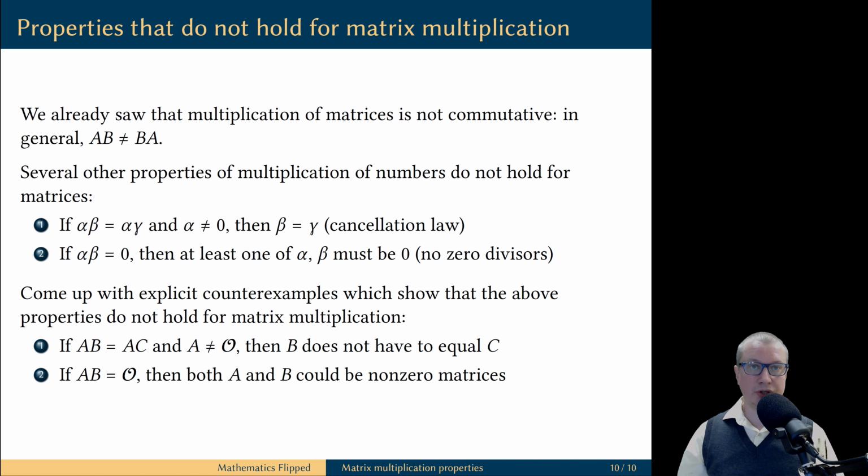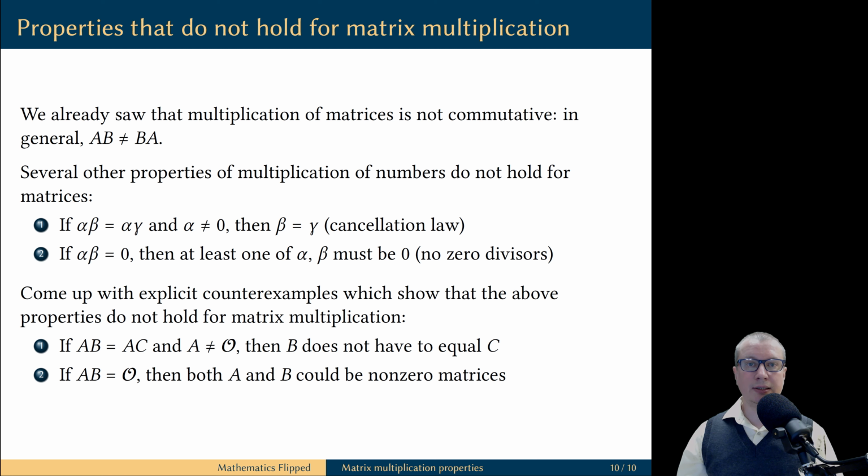Moreover, A is not the zero matrix, because the zero matrix is the analog of the zero number for matrices, yet the matrix B is not the same as the matrix C. So you cannot cancel non-zero matrices from the products. Moreover, it is possible to multiply two non-zero matrices and get a zero matrix.